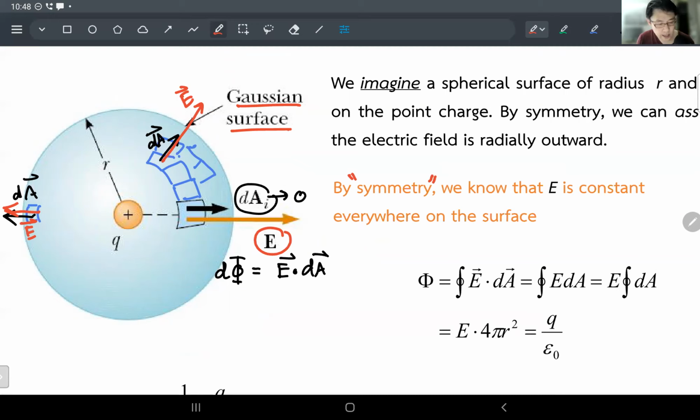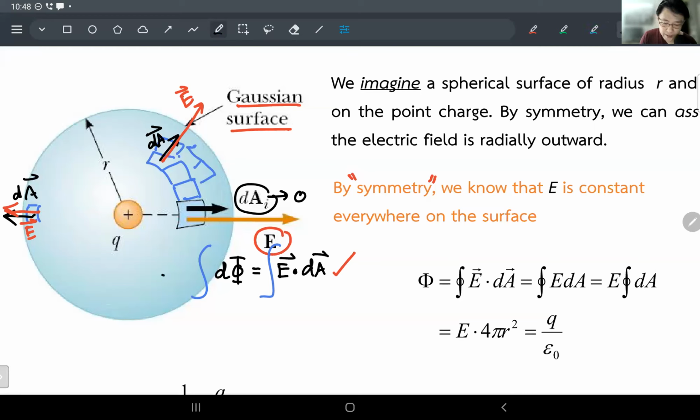See? So no problem. That means no matter where you are, this equation gives you the flux through any piece of area on this sphere. What you need to do is just sum them all up. So you follow now?